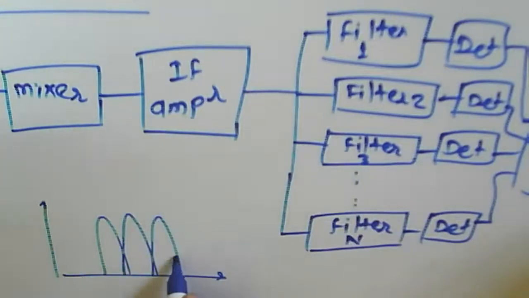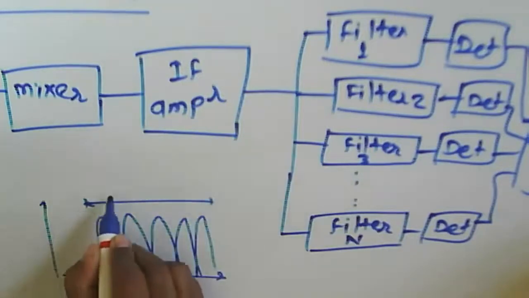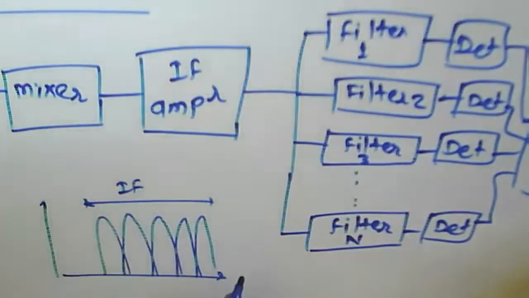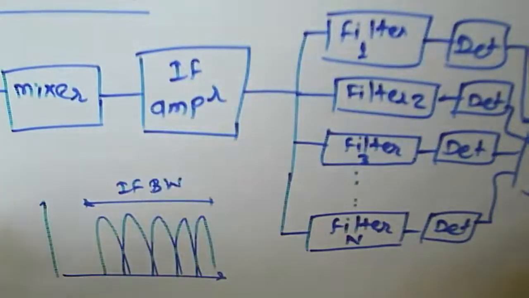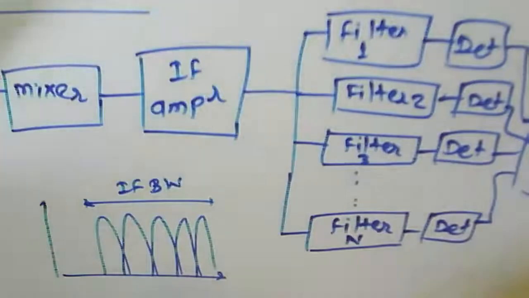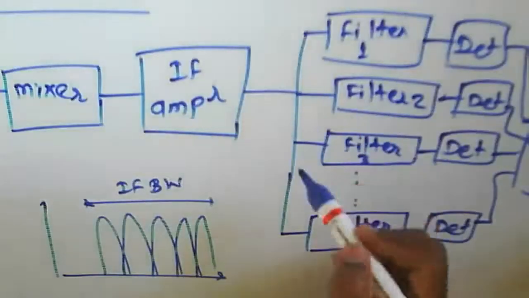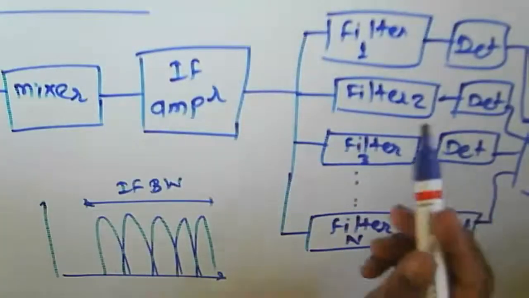Okay, so whatever the response of the filter is, they are to overlap each other, so that it will work in the IF bandwidth we define here. This is your frequency response of the filter, and this one is the IF with the Doppler filter amplifier.